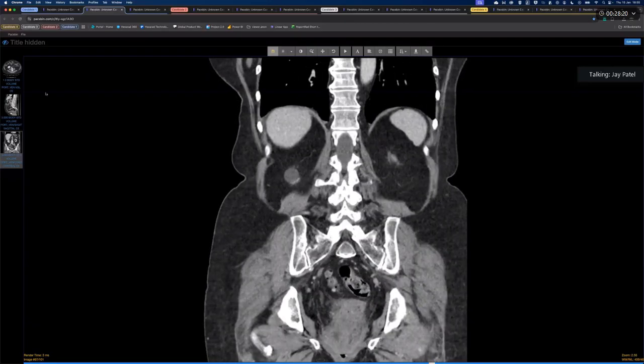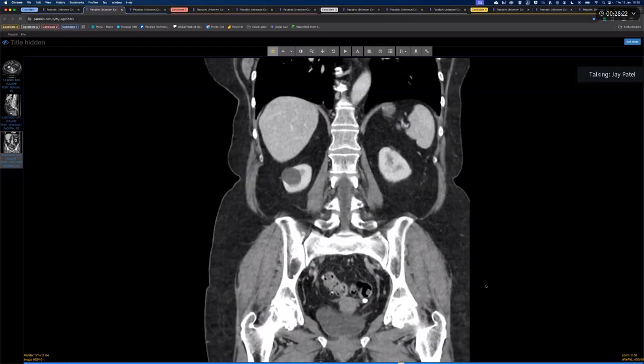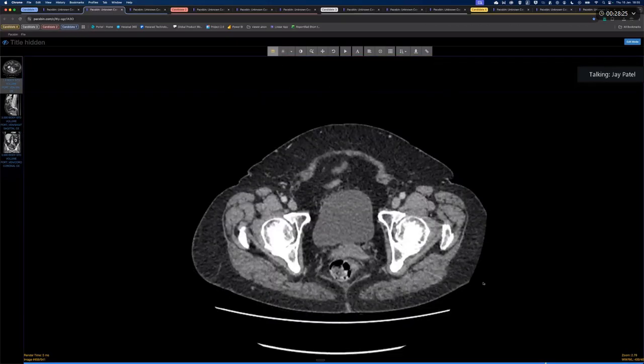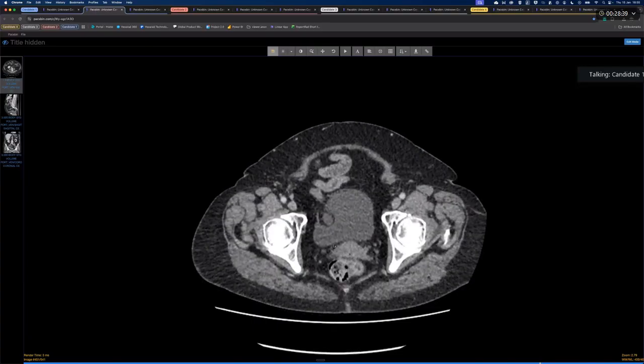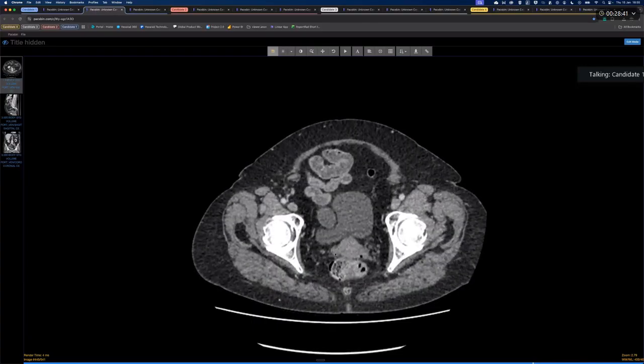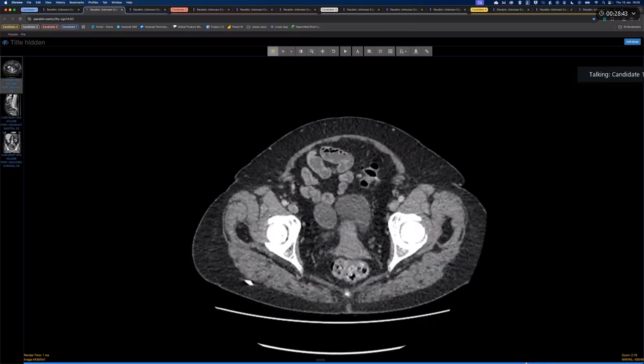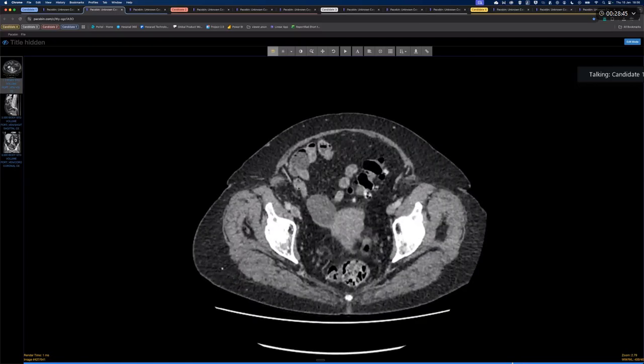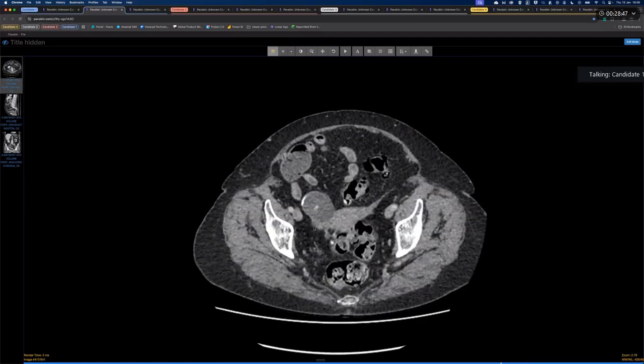Okay. I'm just going to bring up the axial again, and I just want to add an additional finding to the clinical history provided to you. The patient's also suffering from right leg swelling and pain. So I should be looking at the vessels to exclude DVT as the main cause of limb swelling and pain.